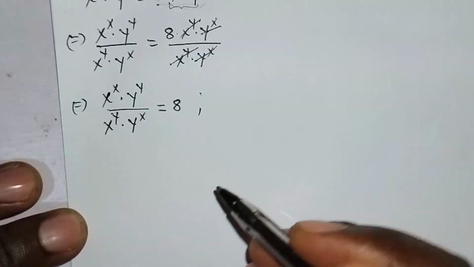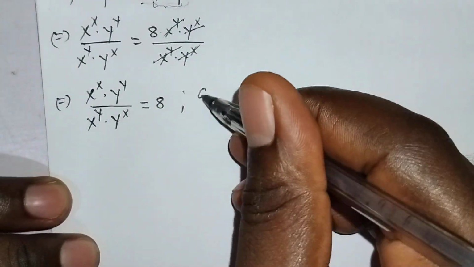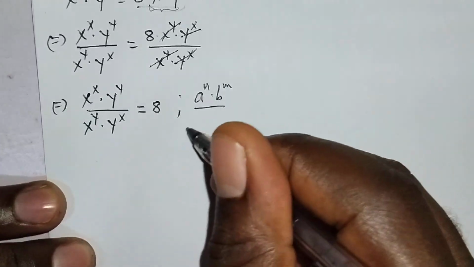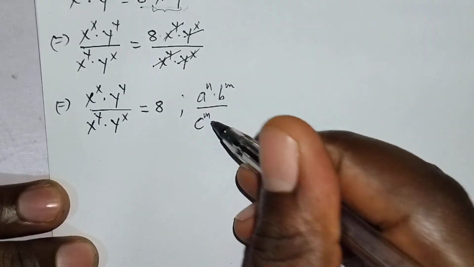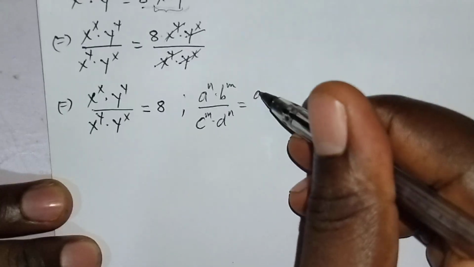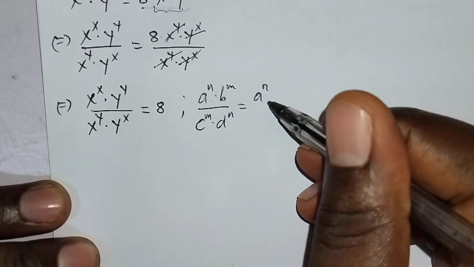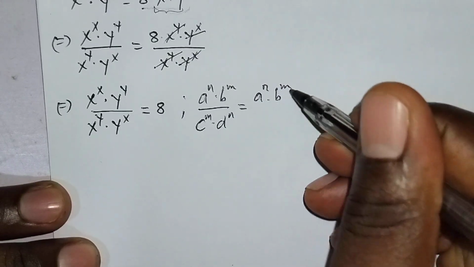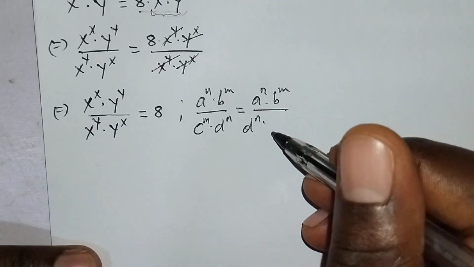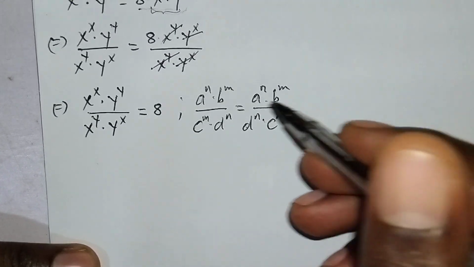So from here, when we have a power n times b power m over c power m times d power n, it can be equal to a power n times b power m over d power n times c power m.